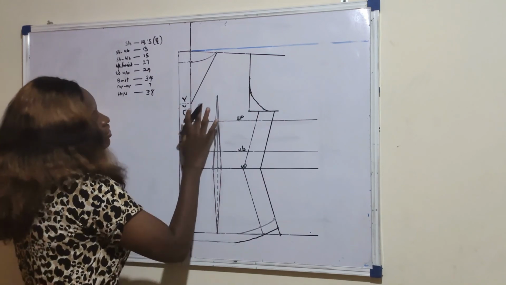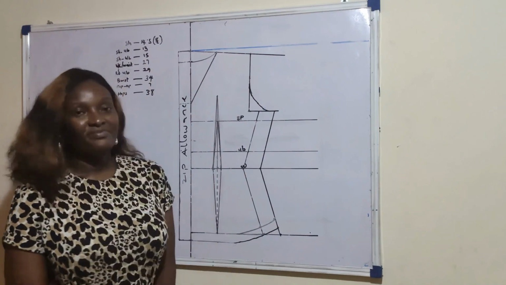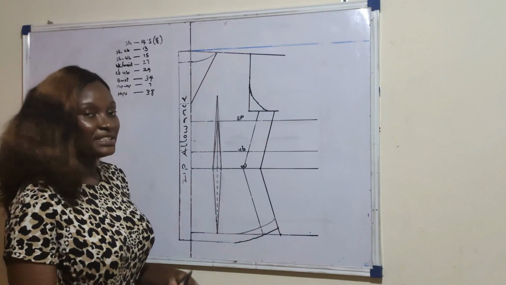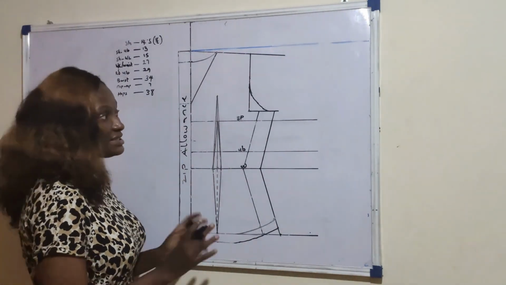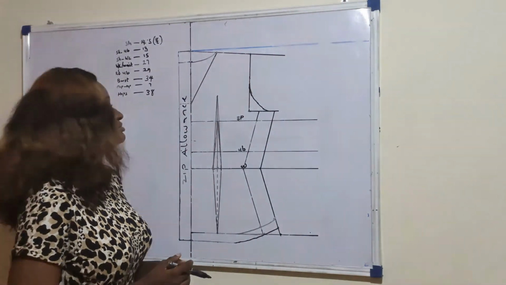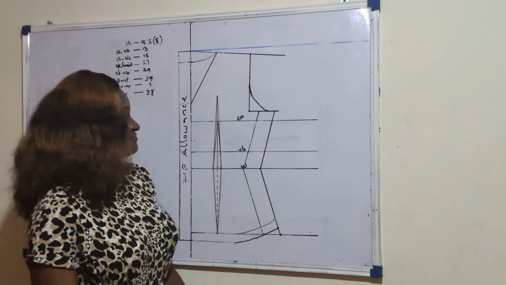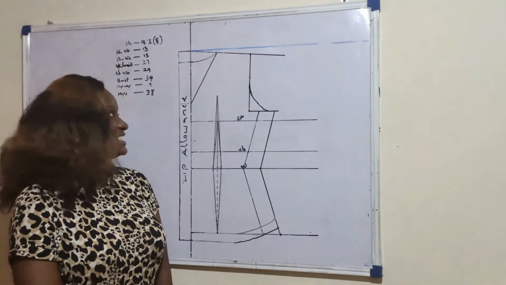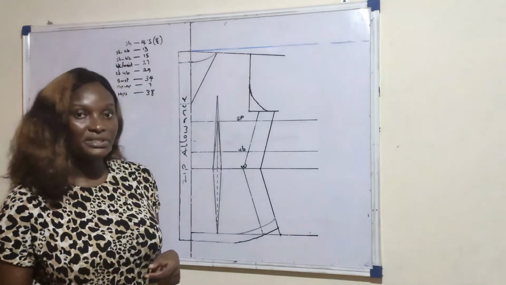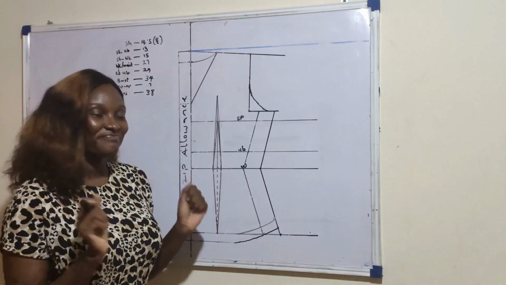And that's all for the back bodice. You can try this several times to get it. It's simple, it's easy, and self-explanatory. When you do this step by step, you get it.